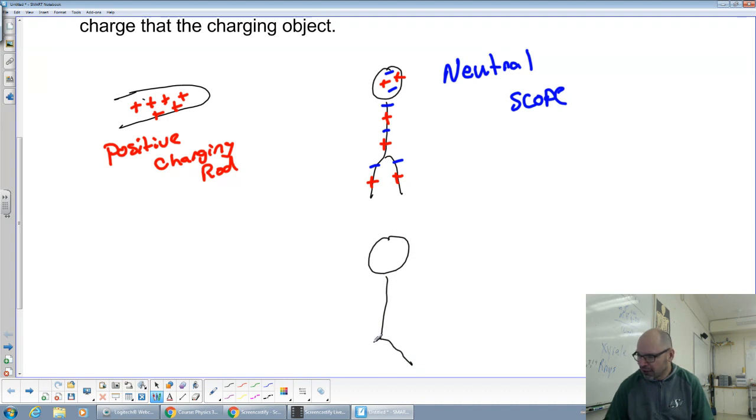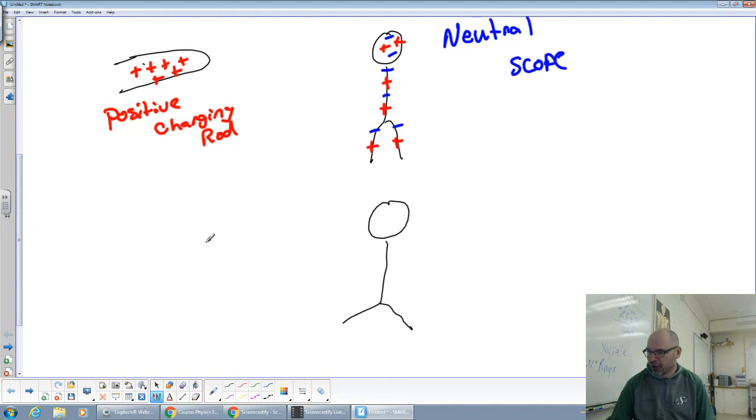It is going to have some split of charge. And this positive rod is going to be close but not touching, right? So put the positives on it. These positives are going to stay here, and positives don't move, so they stay in the same spot.